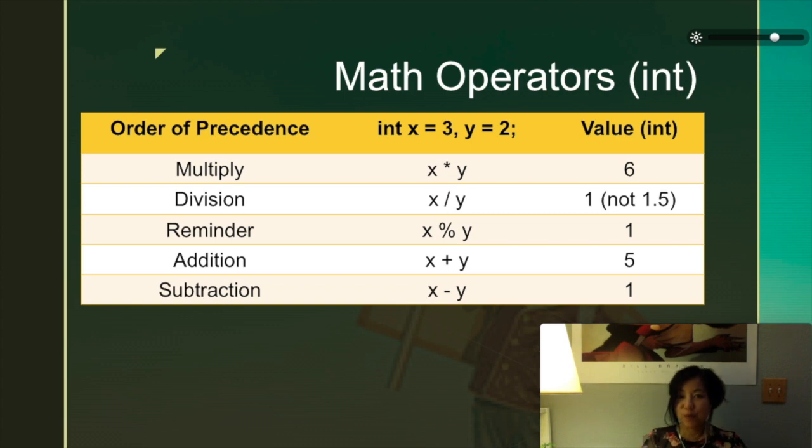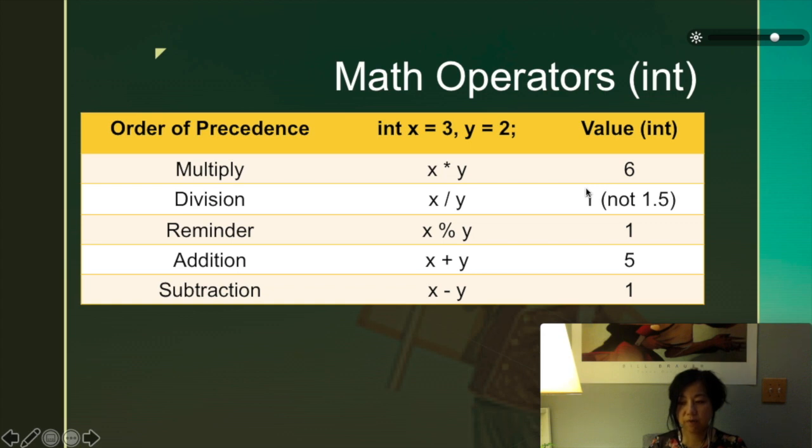Next, we will talk about the math operators that can be used for the integer type. I think you've seen some before, like multiply. You can do division, but remember that for division of integers, it would not come out as 1.5. It will actually only become 1.